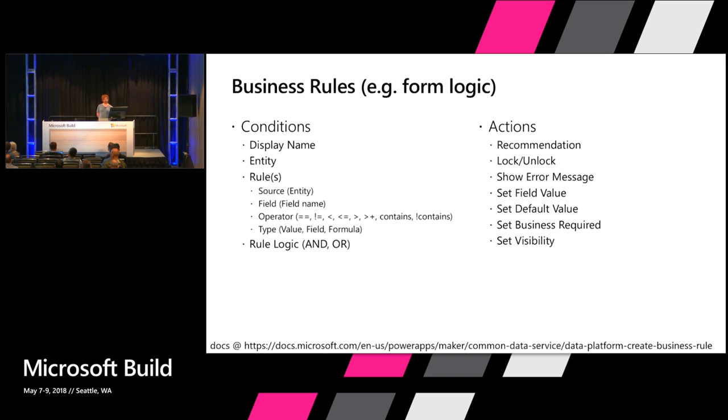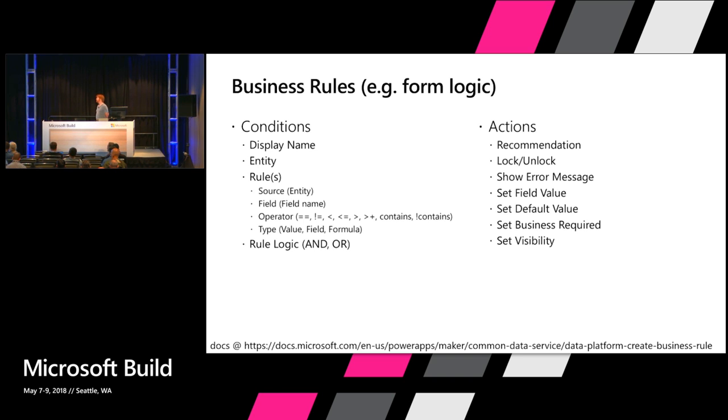So equals, not equals, less than, greater than, greater than or equal to, contains or not contains, and then a type, whether that should be a comparison operating against a specific value, against another field, or a formula. In case you have multiple rules in place, you'll define the rule logic. So are we performing a logical and or a logical or against those multiple rules?